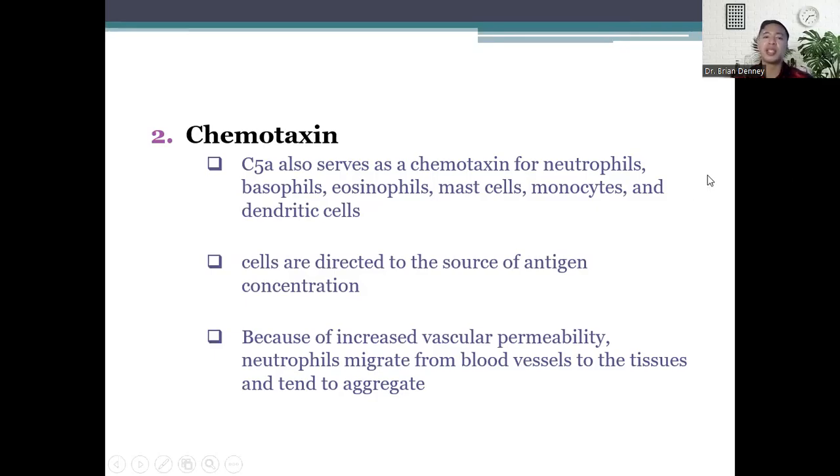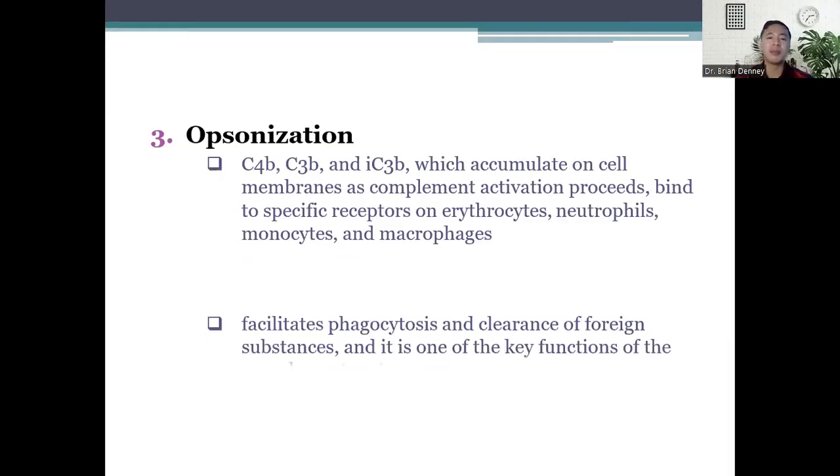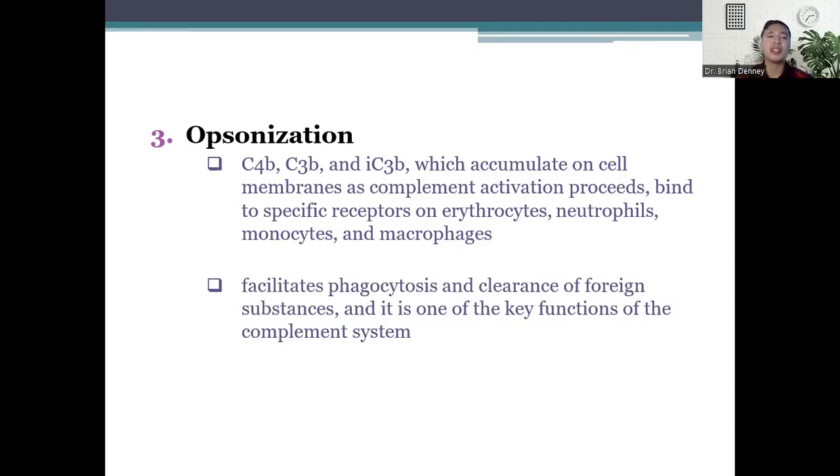So that is what we call chemotaxis. Plus, what we need to remember is that C5a is a chemotaxin aside from being an anaphylatoxin. Next, we have opsonization. So what are the opsonins I've mentioned? The b components. So we have the C4b, C3b, and iC3b. These are all opsonins.